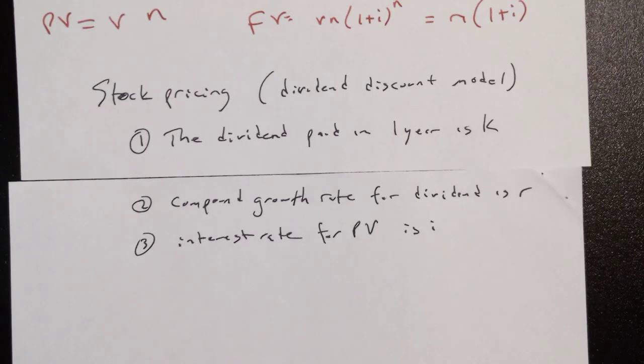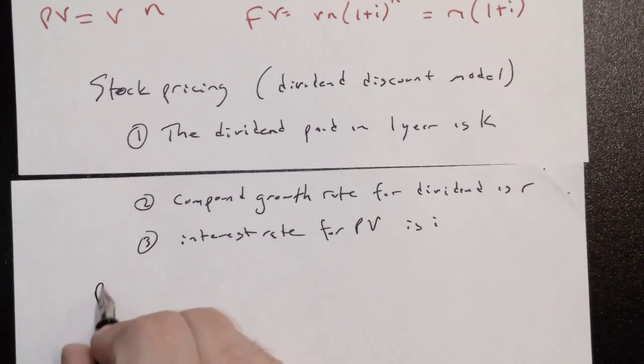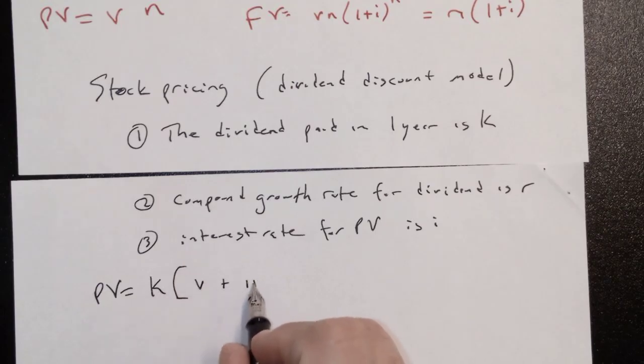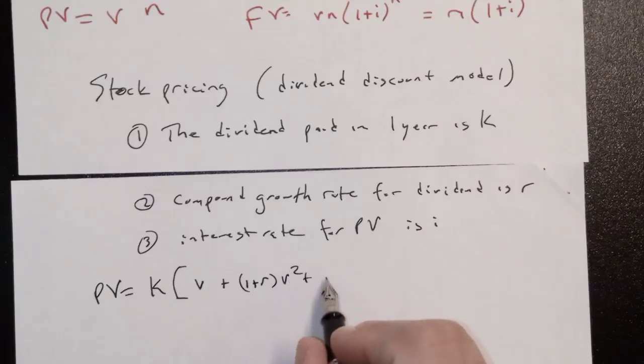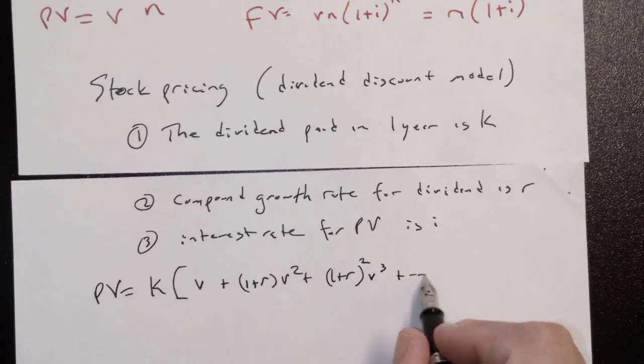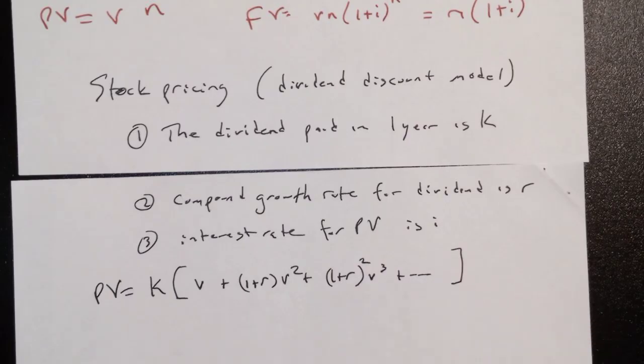Instead of being an annuity, what do we call those that go on forever? So this is a perpetuity instead of an annuity, and I can use my perpetuity calculation. But I can also think of it as a geometric series. The present value is K times V plus 1 plus R V squared plus 1 plus R squared V cubed and so on as an infinite series.